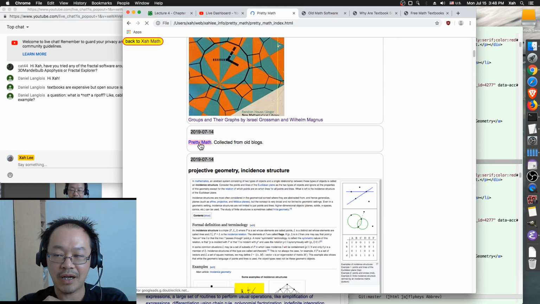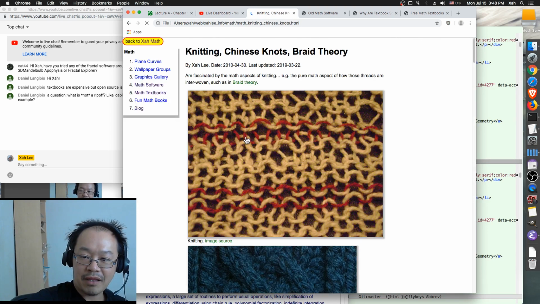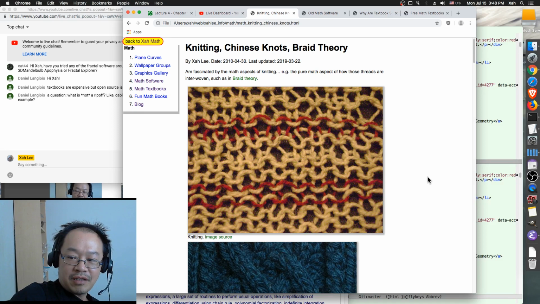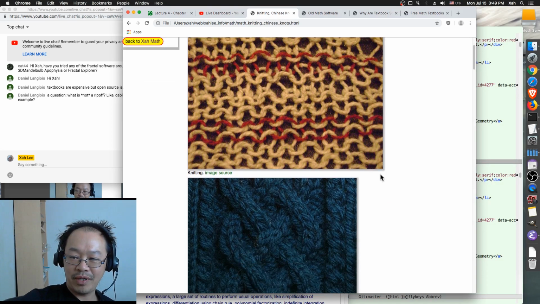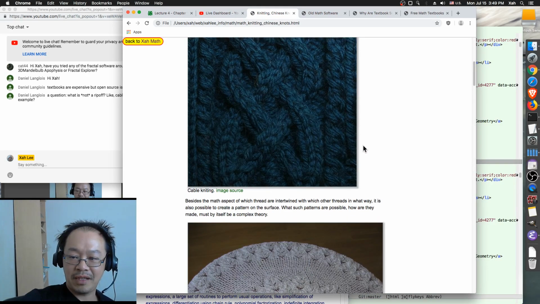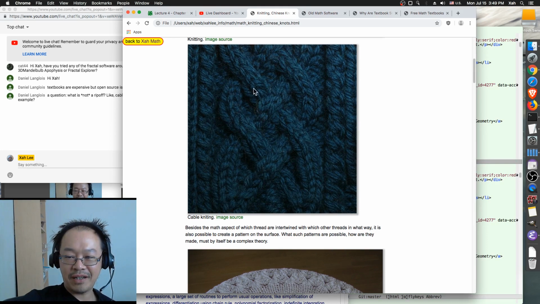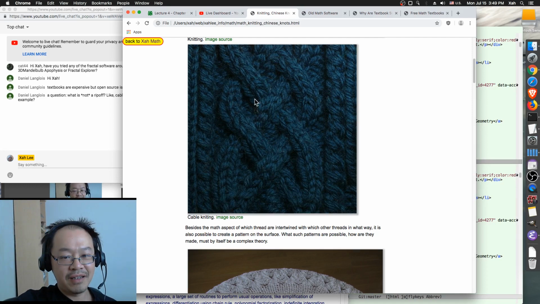I have a pretty mathematics collection here. This one is Chinese knots and braid theory. When you have weaving like that, for example this one, how do you call this, a yarn or a sweater? If you have a sweater like this, how do you call that? But look at the patterns.